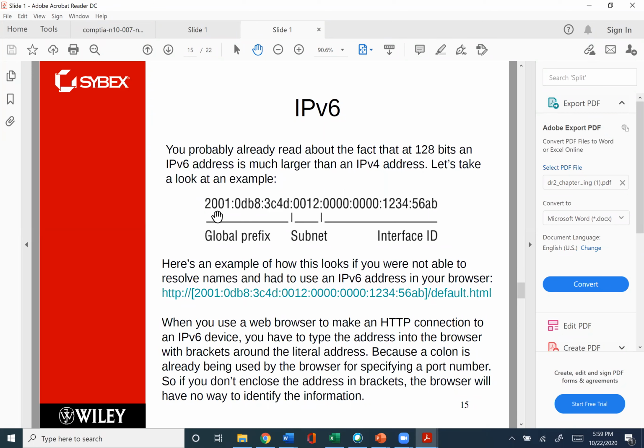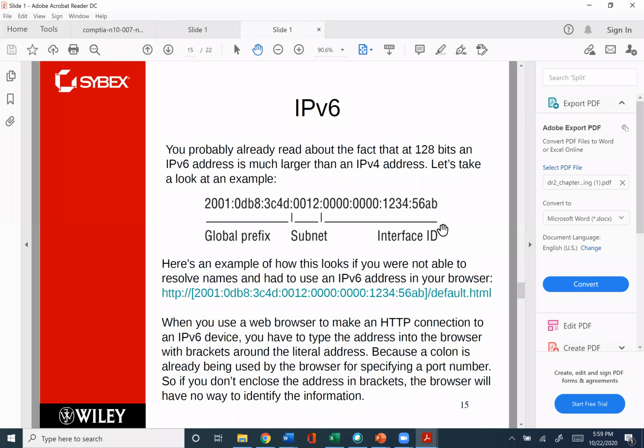So there's a colon between each group, and the hexadecimal representation is basically groups of 4 characters. This is basically what we call an octet. So there's a colon between each separation. This is what we call a hexadecimal representation.